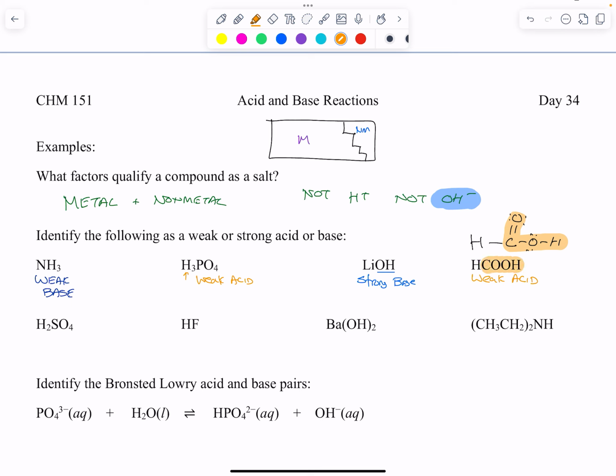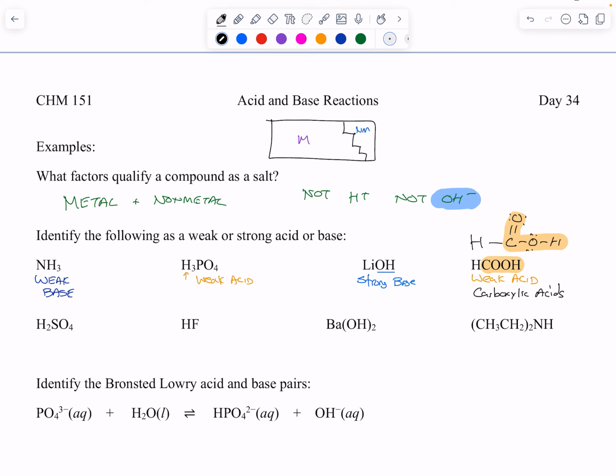Does that make sense? So hopefully when you see that, that is actually a weak acid, just like acetic acid. It's the same organic type of acid as this carboxylic acid. That's what they're called. All right. So that's a weak acid.